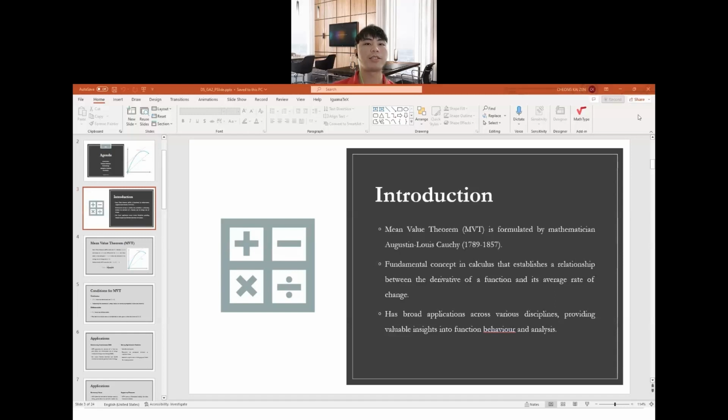The mean value theorem has broad application across various disciplines. It provides valuable insights into function behavior and analysis.